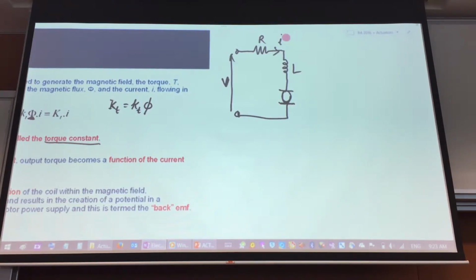So that amount of voltage that has been generated is called back EMF. Just so because it's rotating, it's also generating the voltage, and that voltage is in the opposite direction. And that's what we call the back EMF.